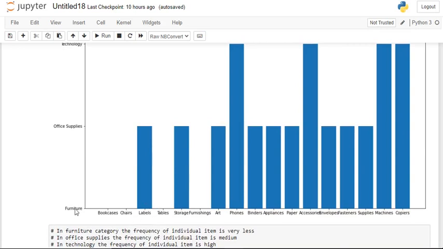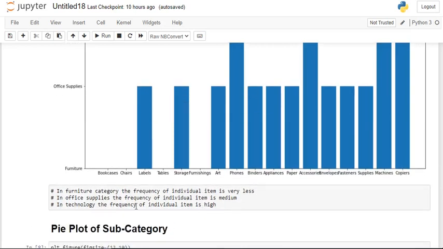Furniture shows bookcases, chairs, tables and furnishings. The frequency of items is very less.